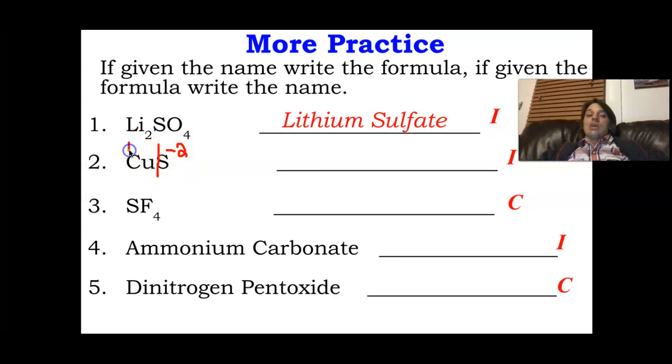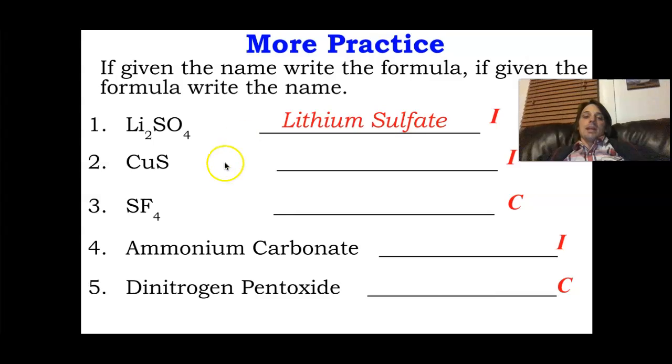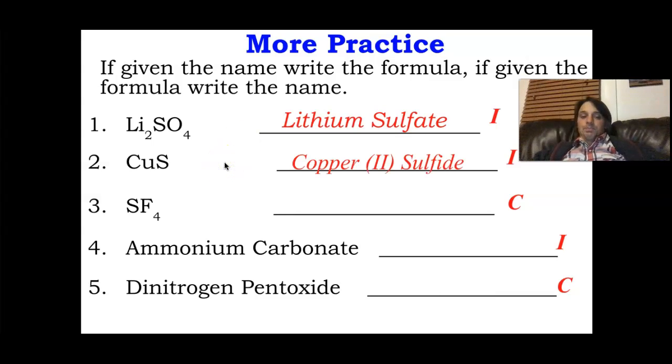Copper, then, to equalize that charge, remember everything's going to add up to be neutral unless it's stated, must have a plus 2 charge. That's going to make my name of this compound copper 2 sulfide. I need to include that 2 in the name because it's a transition metal.